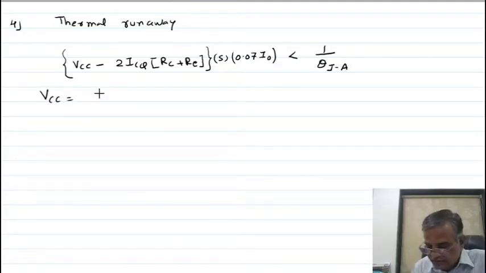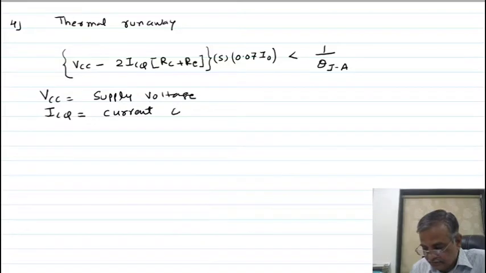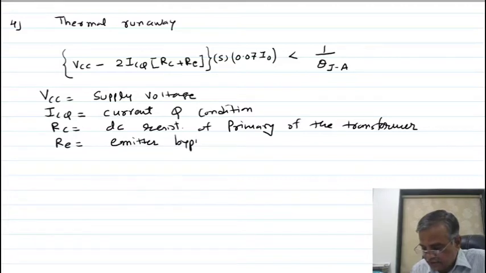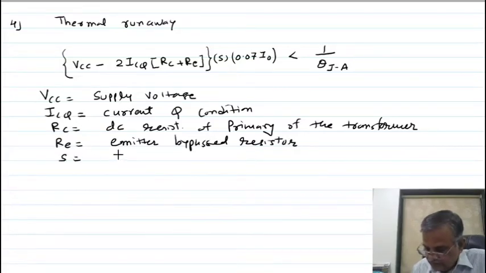Where VCC is the supply voltage, this is the collector current at the Q condition, RC is the DC resistance of the primary of the transformer, RE is the emitter bypass resistor, S is the stability factor, I0 is the extra DC component.